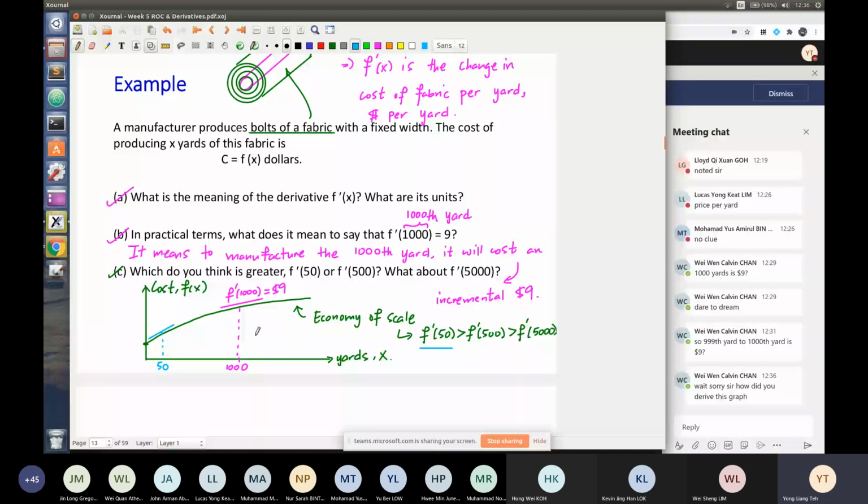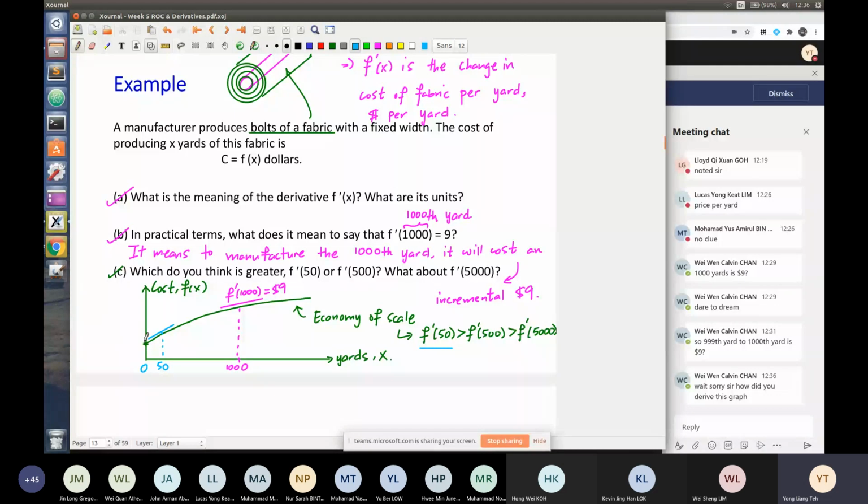Well, I kind of made it up because I understand from the economy of scale. You can think of it like you set up a shop to manufacture some stuff. When you set up shop, you must engage your workers and pay utilities. So even if you manufacture 0 yards, you're still going to pay a certain amount of cost because you have overheads and all that.